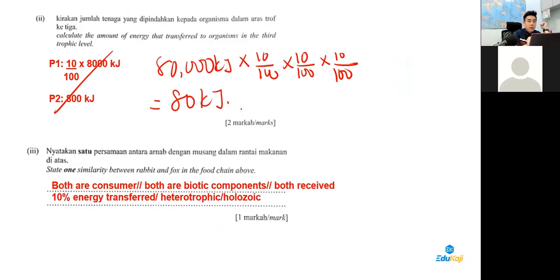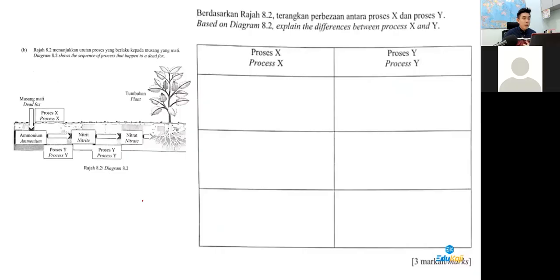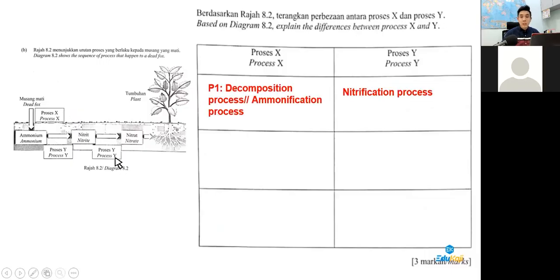Okay, one similarity between rabbit and fox: every time, 10% is transferred to a higher tropic level. Okay, guys, process X and Y. Process X is decomposition, the process of breaking down, whereas Y is nitrification.